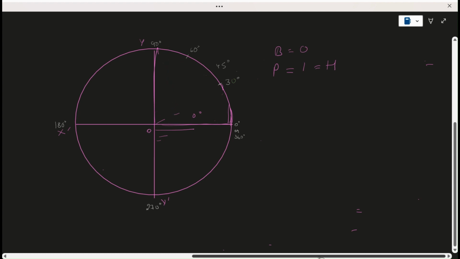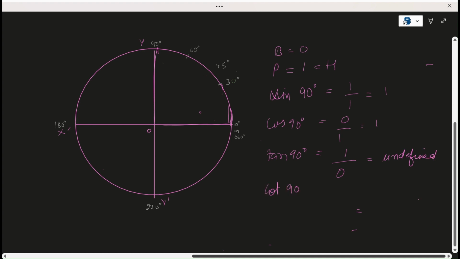This means again sine 90 degree, that is our perpendicular upon hypotenuse, will be 1. Cos 90 degree, base upon hypotenuse, 0. Tan 90 degree, perpendicular upon base, that is undefined.